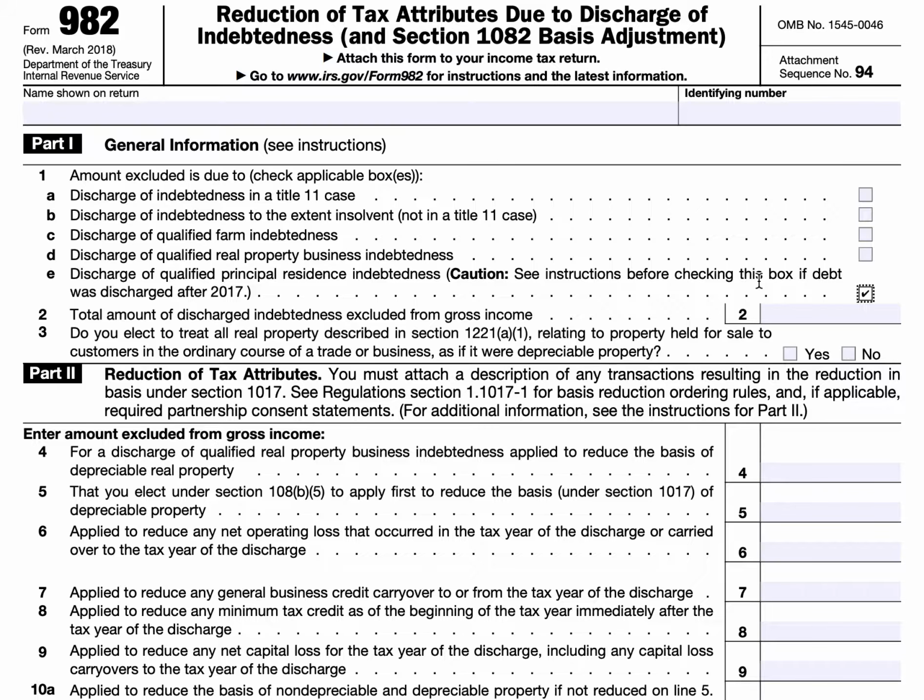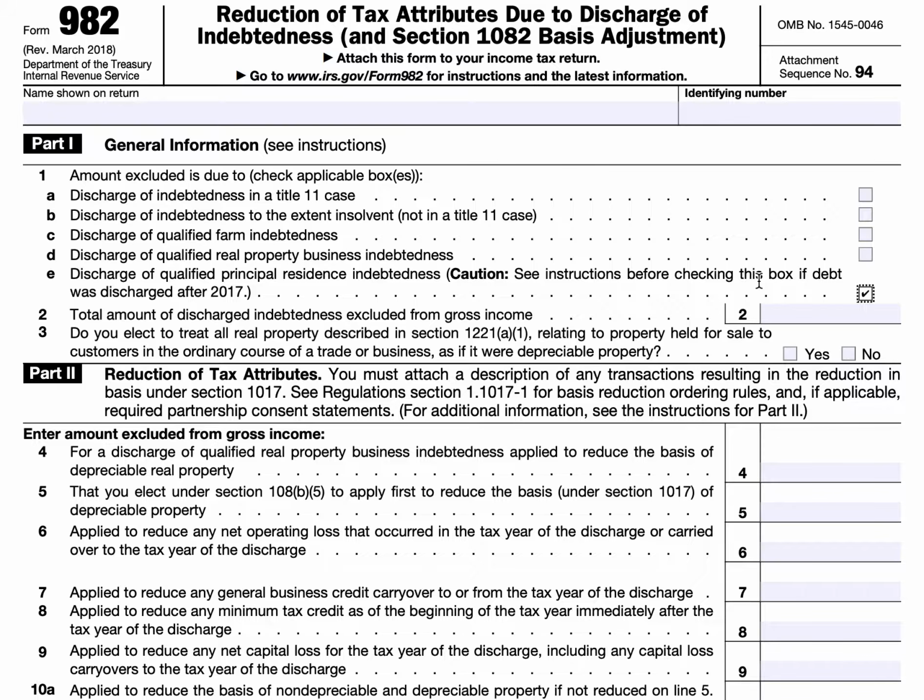Since the tax law has been redefined, qualified principal residence indebtedness is only a line of credit, home equity line, or a mortgage, even a cash out refinance, only related to the purchase of the home and any improvements.